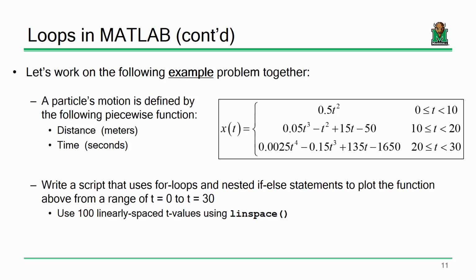The command Linspace. You will have your time variable. You're going to need to use the Linspace time variable. What I'd suggest is that we want to go from 0 to 30 as our time range, but do 100 pieces of that.